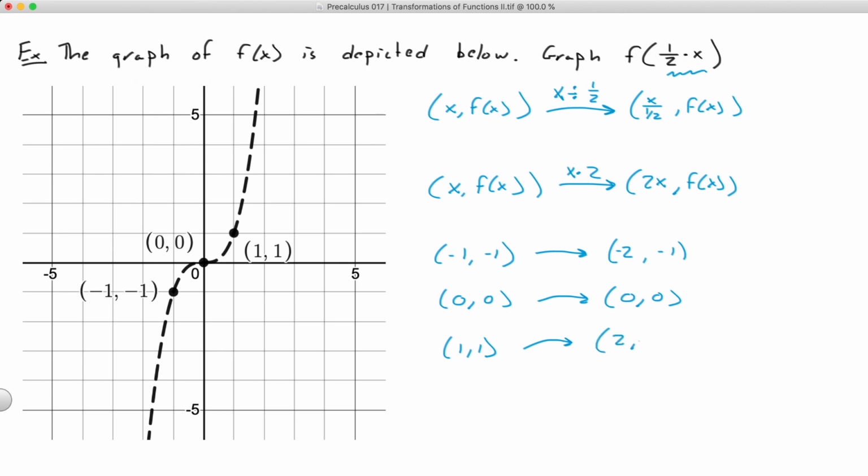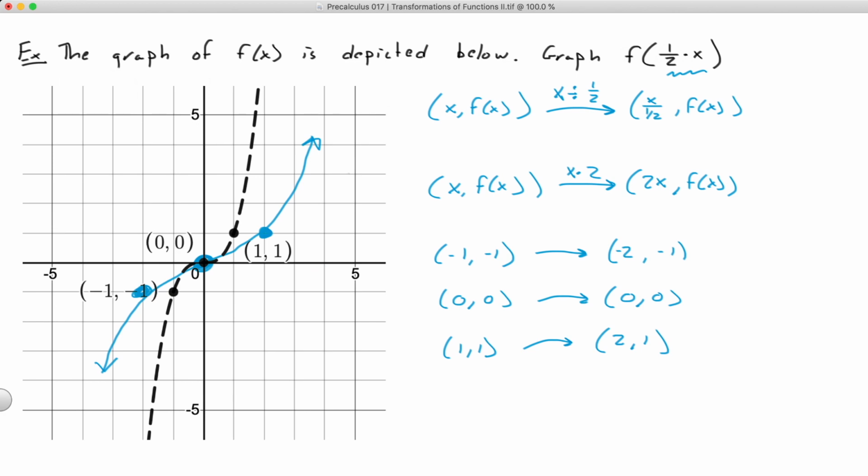And so if we go ahead and plot these, we can find the point -2, -1 right here, the point 0, 0 right here, and the point 2, 1 here. Now, knowing that this follows roughly the same shape, we can use this to connect the dots, and this will give us a rough sketch of f of 1/2 x running through each of these 3 specific points.